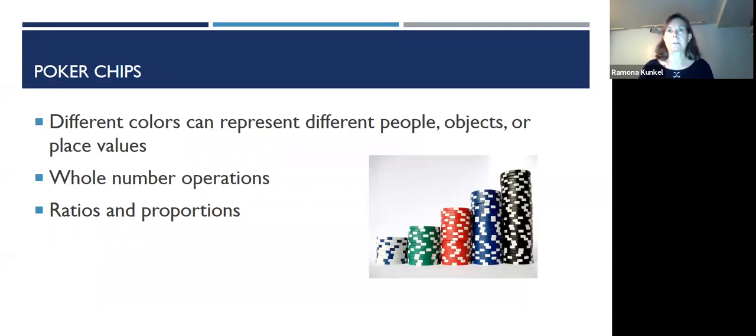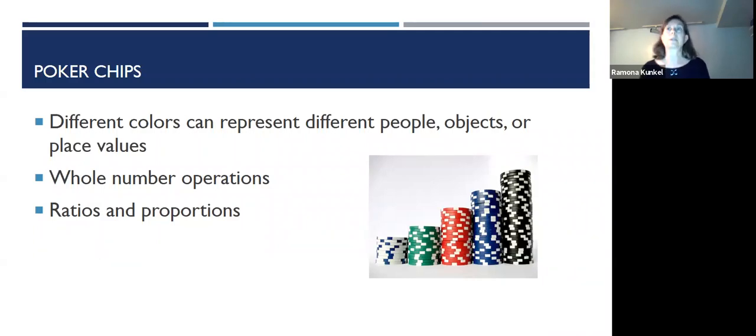So poker chips. When I taught, we used poker chips for a variety of things. This is just a small representative of the things you can use them for. If you're working with word problems, you can have them represent different people, different objects. You can even use them for place value, for whole number operations, adding, subtracting, multiplying, dividing.